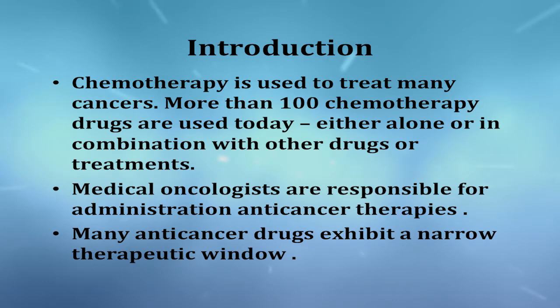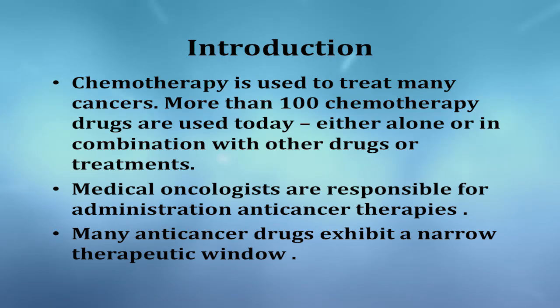Chemotherapy is medicine used to treat cancer. Why is it called chemotherapy? Because it's made of chemical agents. Medicines before 100 years were not chemical; they came mainly from organic sources or plants.